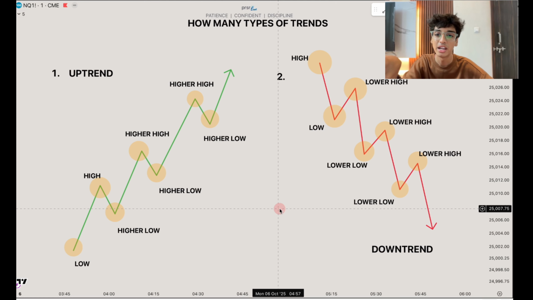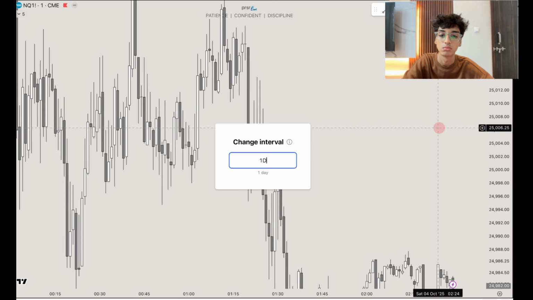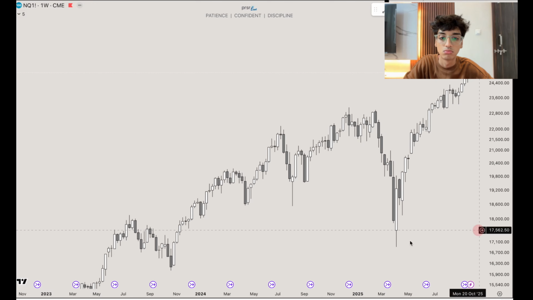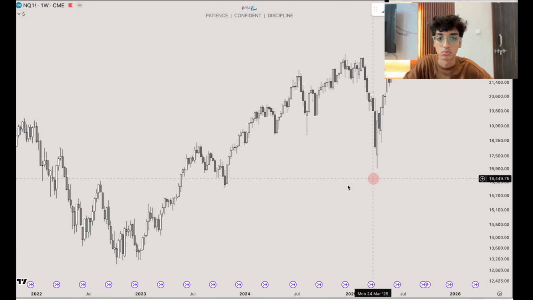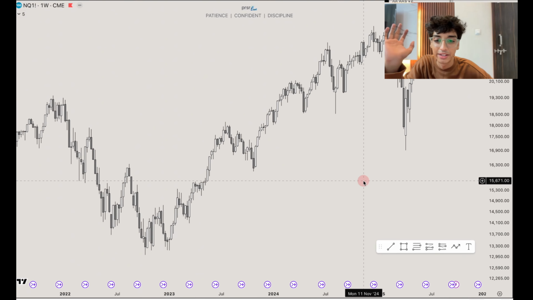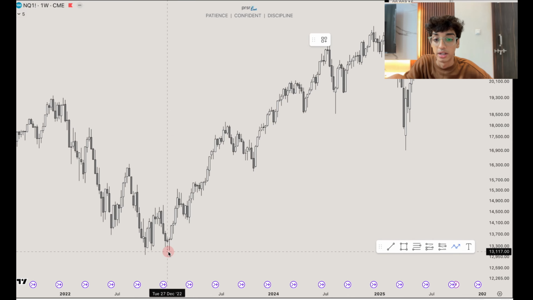So let's jump to a real-life example of how a bullish market looks. So this is the complete uptrend. How can we recognize that the market is moving higher? There's a low, we create a high, we close above all those swing lows, so it's the starting of the bullish market.